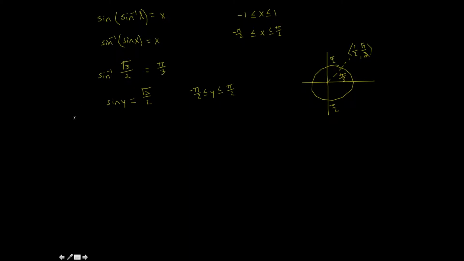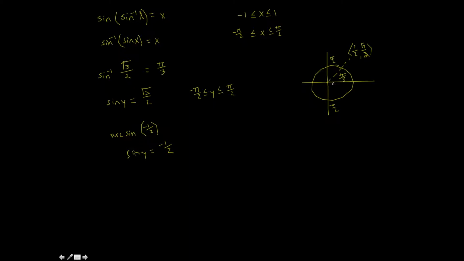Okay, so let's look at another one. Let's write it a little differently so you get used to both ways. The arc sine of negative 1/2. So where is the sine equal to negative 1/2 between pi over 2 and negative pi over 2?